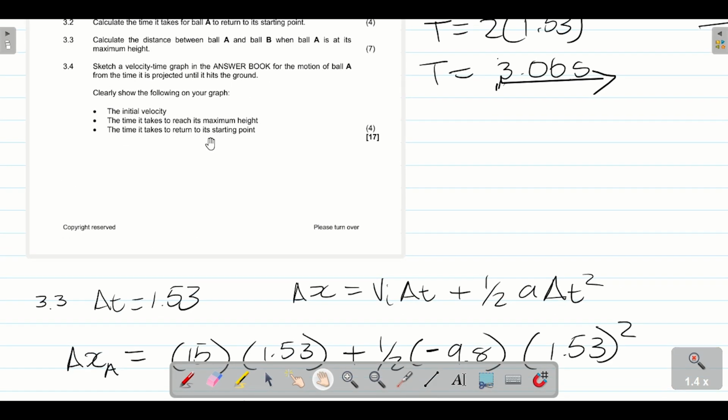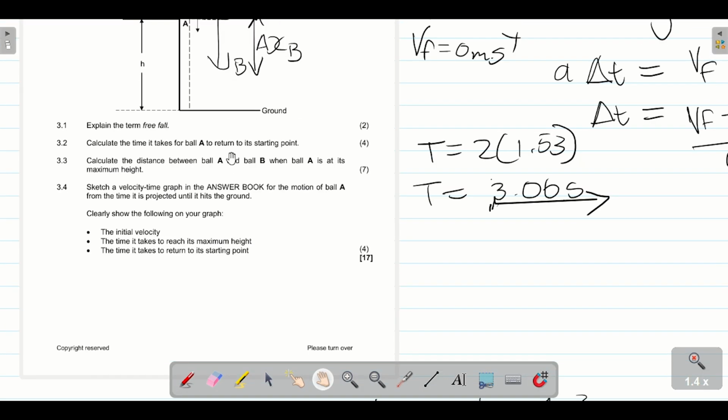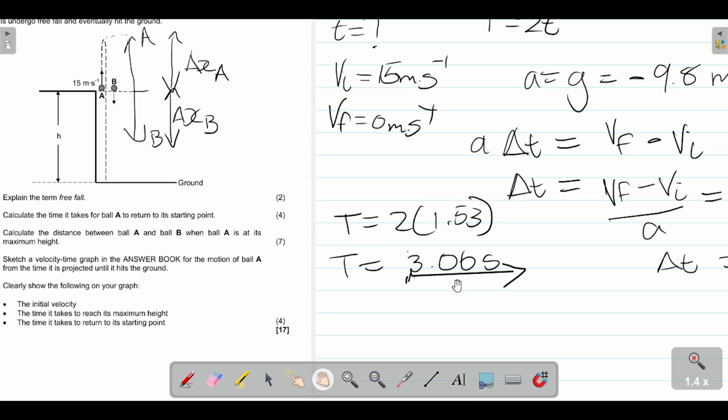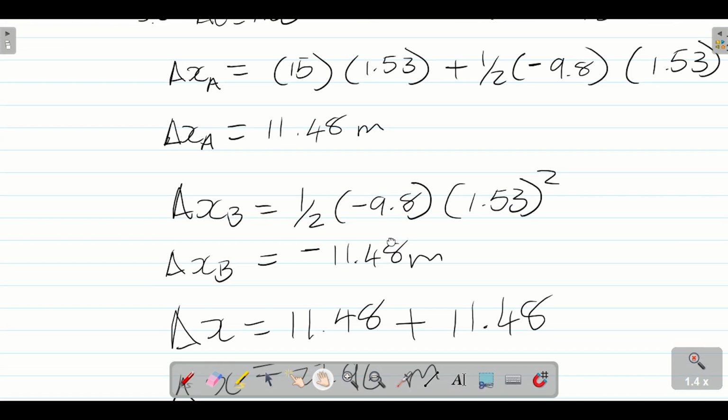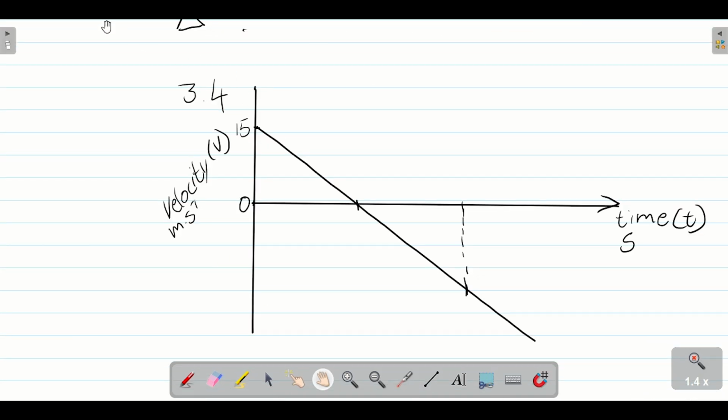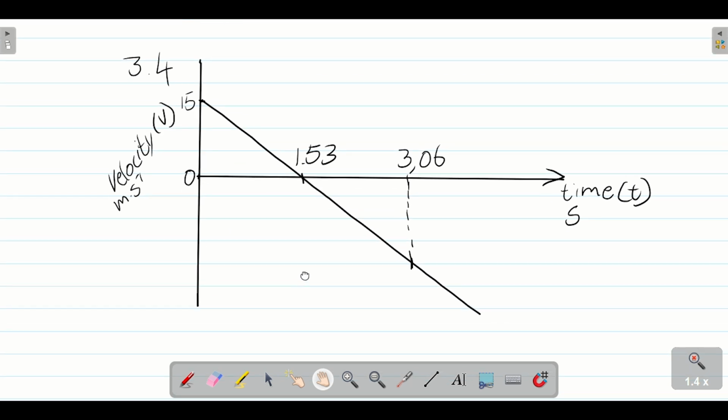We calculated this time at 3.2, and we saw that the answer was 3.06. So we have those values, 3.06, and the time it took to get to the maximum height was half that, which was 1.53 seconds. So you have those values, and basically this is your final answer.